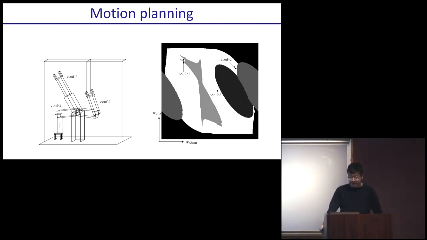So some of you might have known, but some might not. This is a concept figure of configuration space. On the left is a robot arm, and on the right is its configuration space. The darker area is the constraint area, and the white area is the feasible or free space that the robot arm can move.